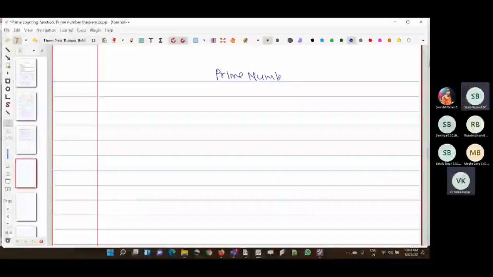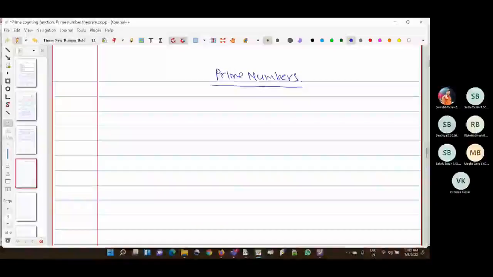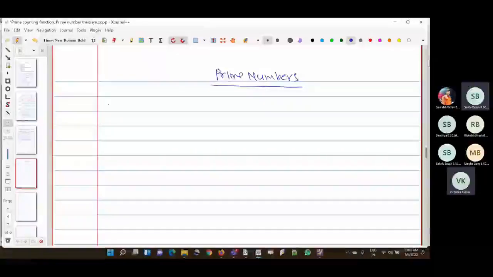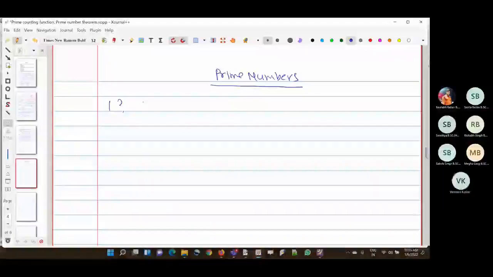The numbers which are divisible by the number itself and one only. Okay, so you say that first of all, they should be integers. Yes. And one is prime or what? For example, 2, 5, 6.